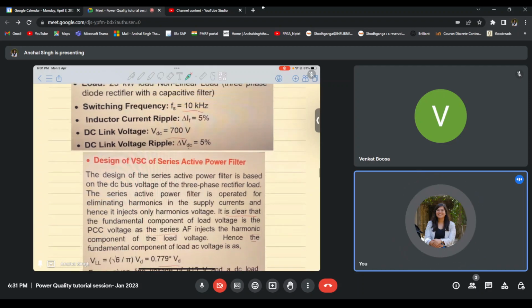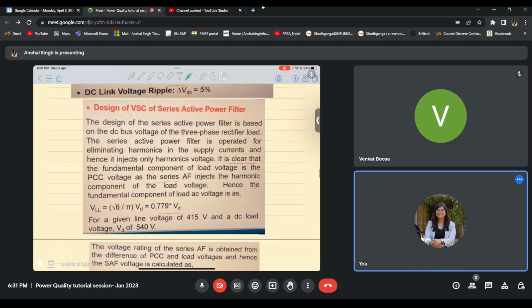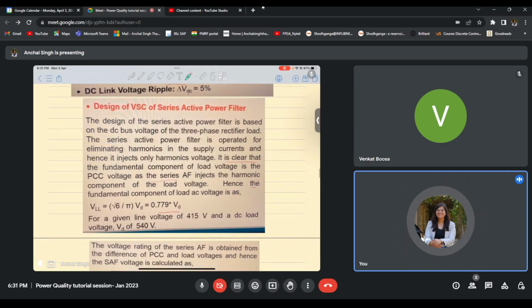Now, when we look at the design of the voltage source converter of series active power filters, it is based on the DC link voltage of the three-phase rectifier load. We know that the line-to-line voltage of the system, the fundamental component of the load AC voltage, is given for this three-phase three-leg converter. This expression is valid. We know that very well, right?